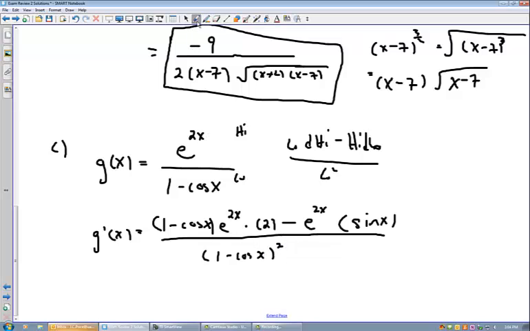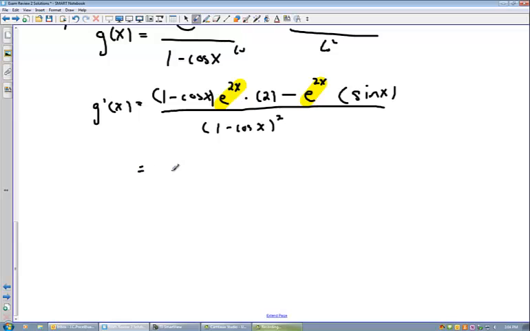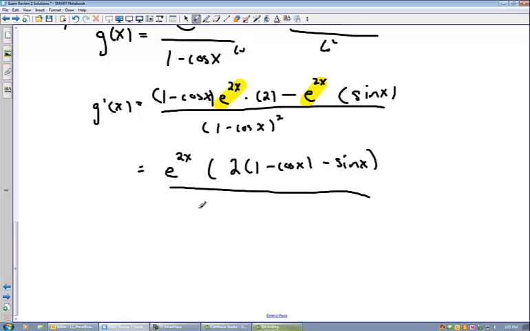Now you can pull out what they have in common. So take a look. They have an e to the 2x in common, so I'm going to pull that out. So this is going to be equal to e to the 2x all times, you have a 2 times 1 minus cosine of x minus a sine x, all divided by 1 minus cosine of x quantity squared.